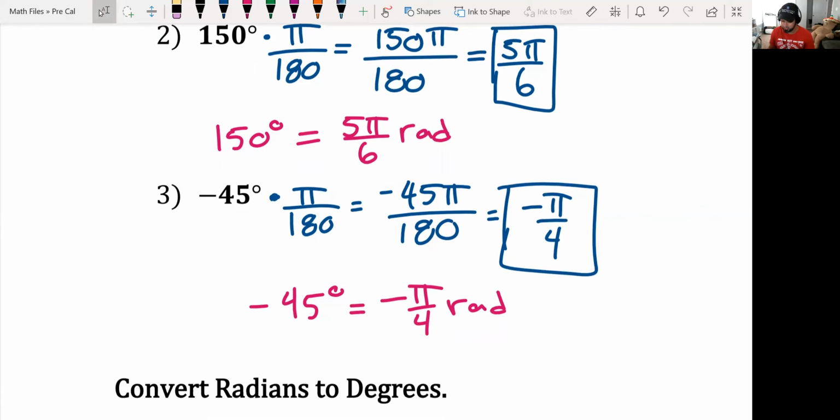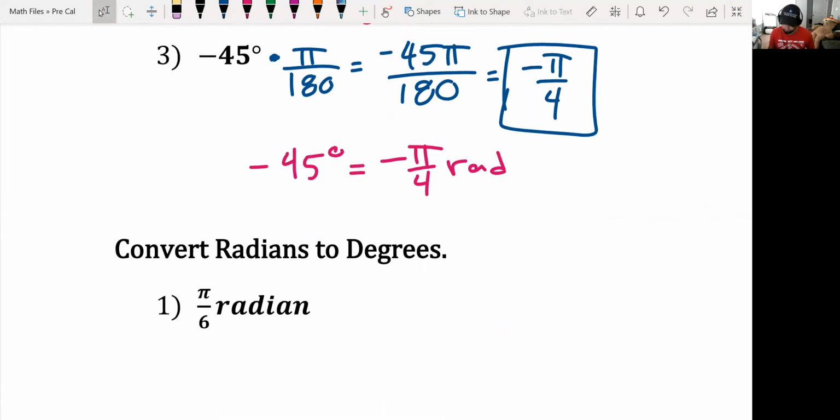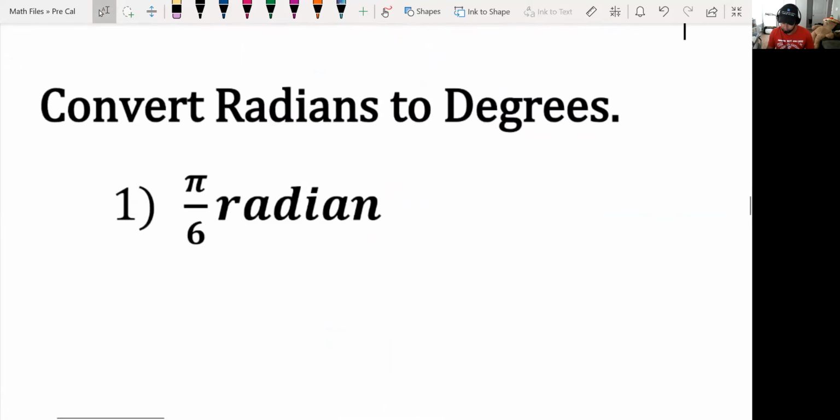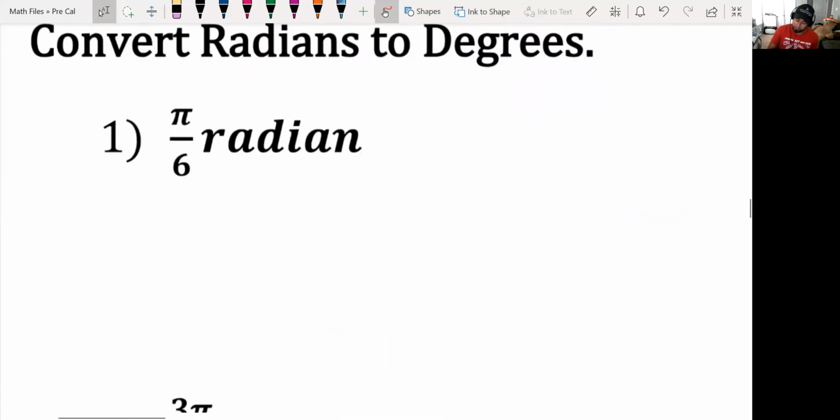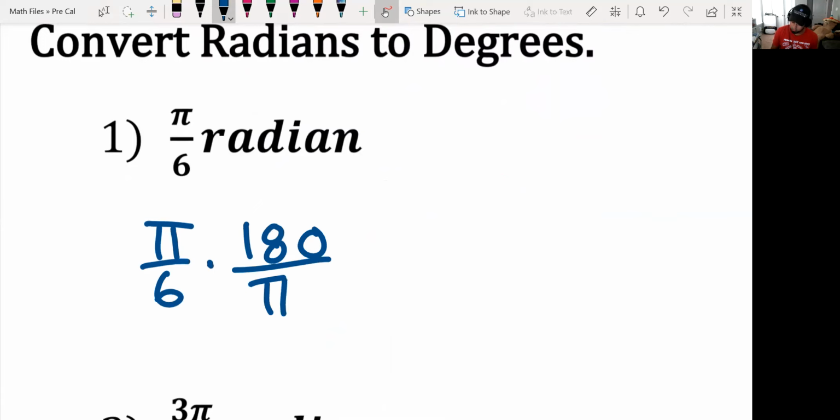Next, we go from radians to degrees. So we take pi over 6 and now multiply it by 180 over pi. Your pi's cancel, of course, right?